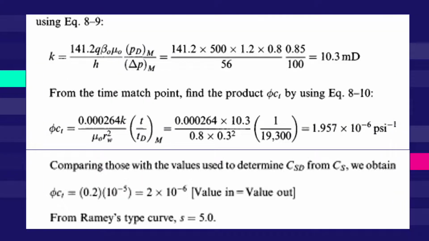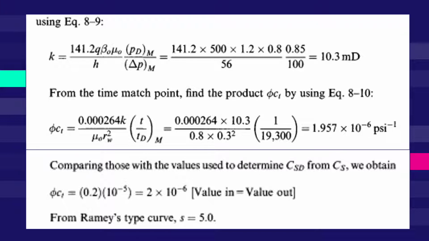Using Equation 8.9, the value of K would be 10.3 md. From the time match point, find the product phi CT by using Equation 8.10. The value of phi CT would be 1.957 times 10 raised to negative 6 psi negative 1.